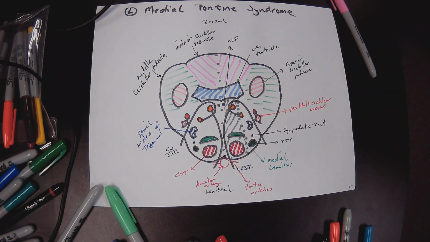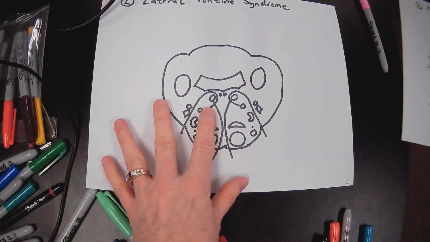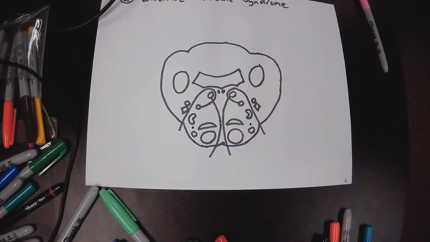Let's move on to lateral pontine syndrome. Okay, kind of the same players, try and keep the same colors. Yeah, you just want to go ahead and fill everybody in.